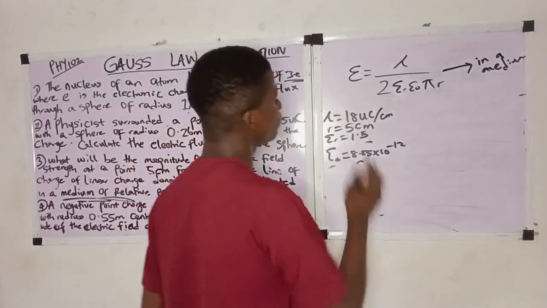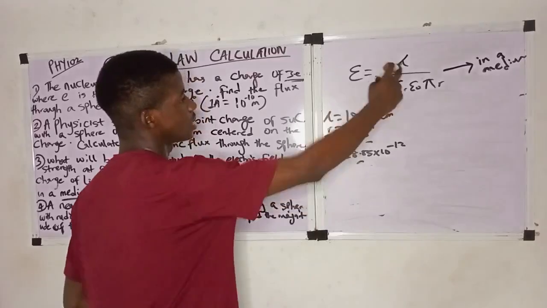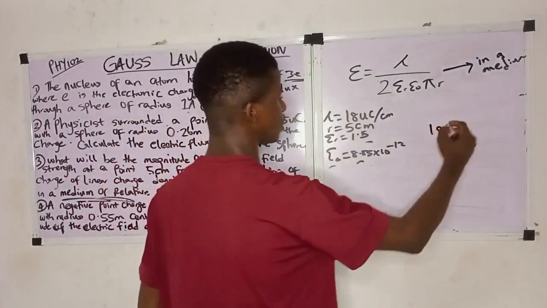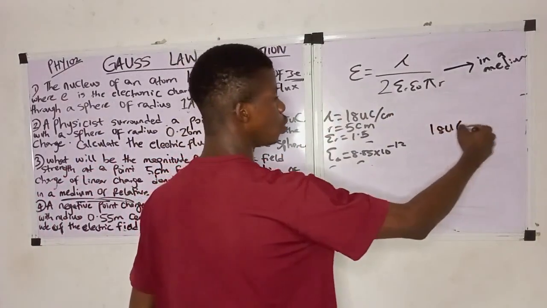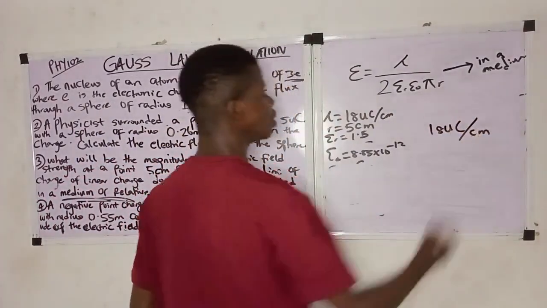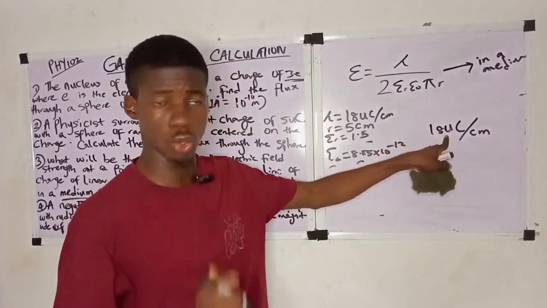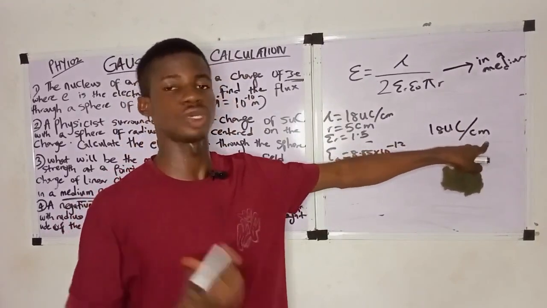Now, before we continue, look at the linear charge density. It is 18 microcoulomb per centimeter. We need to convert this microcoulomb to just coulomb, and the centimeter to just meter.